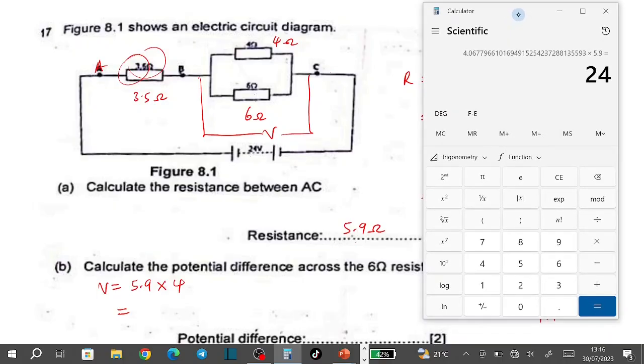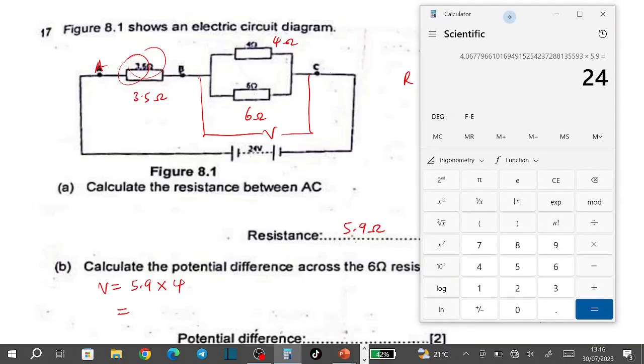Oh, okay, let me see. I want to find the voltage here, but first of all, I need to know the total current.